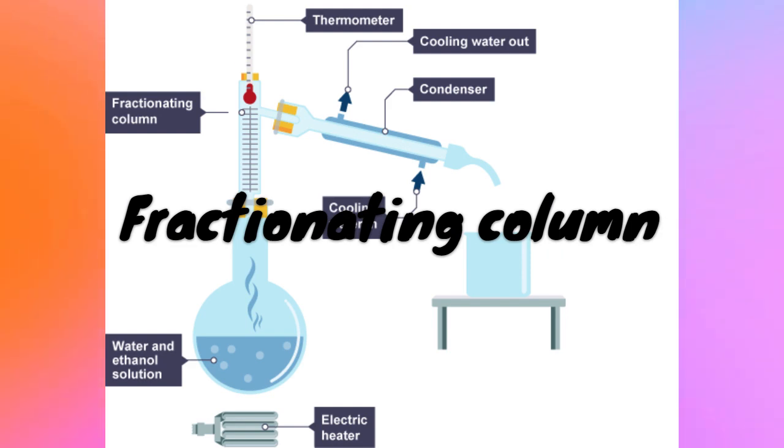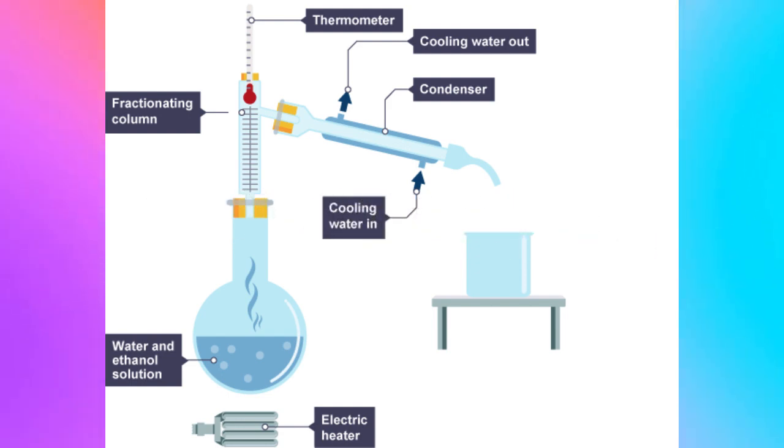Different vapours with different boiling points can condense and then filter off through little tubes, and we can collect each individual component.